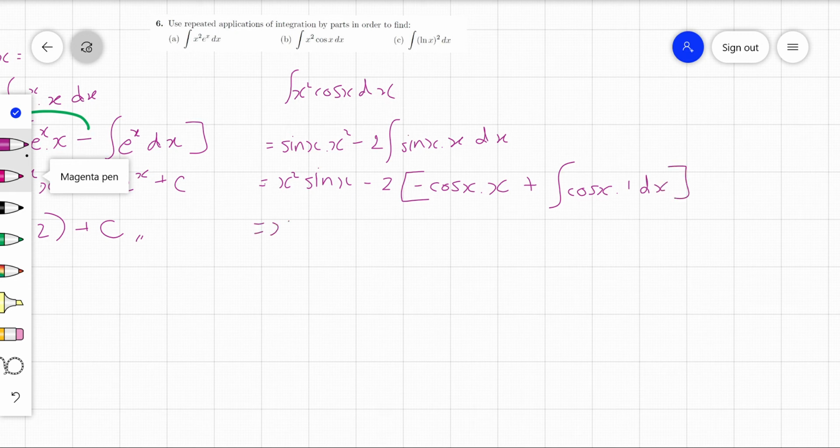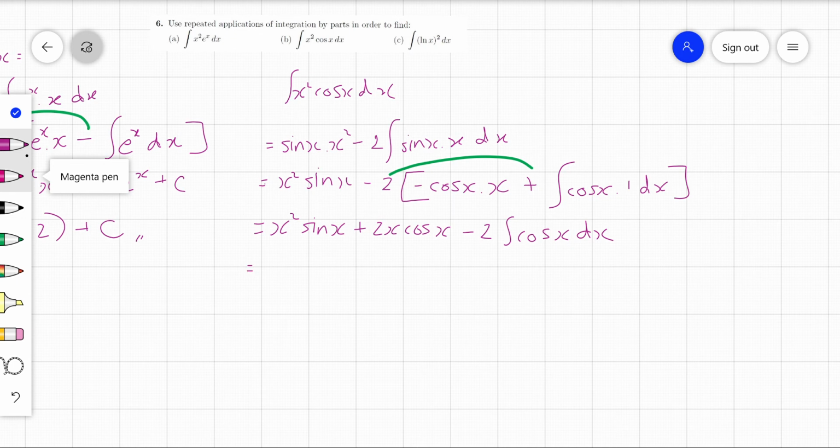All right, so what have we got now? We've got x squared sin x, minus, so that's plus 2x cos x. And then again, be careful here, we've got minus 2 times a positive 1, so I've got minus 2 integral of cos x dx.